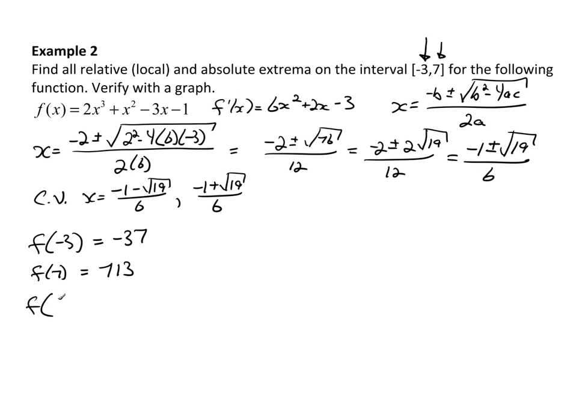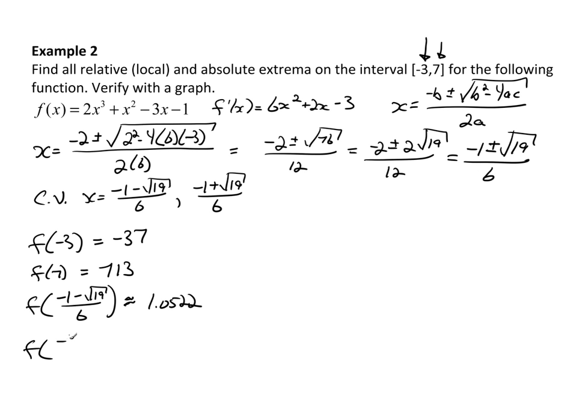So f of negative 1 minus root 19 over 6. Obviously, we're going to go for a calculator on that one and get a quick approximation. That's approximately equal to 1.0522.